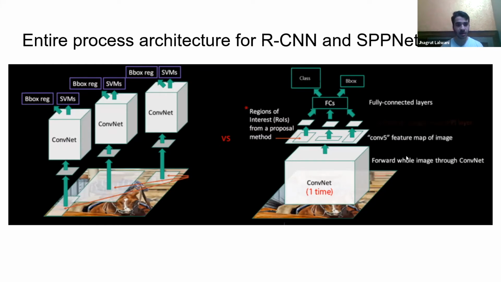I will skip a little detail here. Basically what they were trying to mention in the paper was that this was a very good approach, and due to this sharing, they reduced the computation time by a lot.